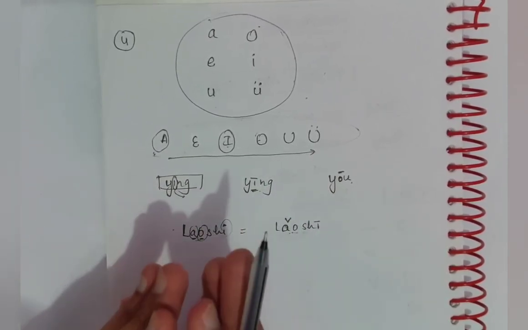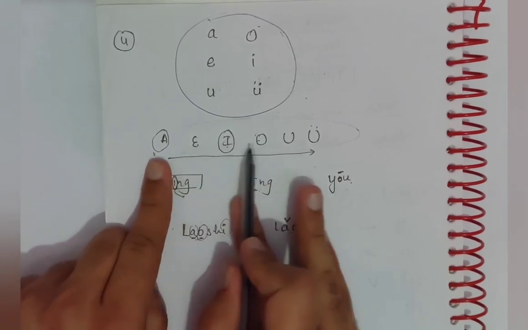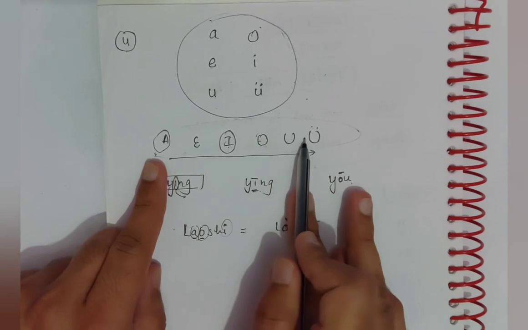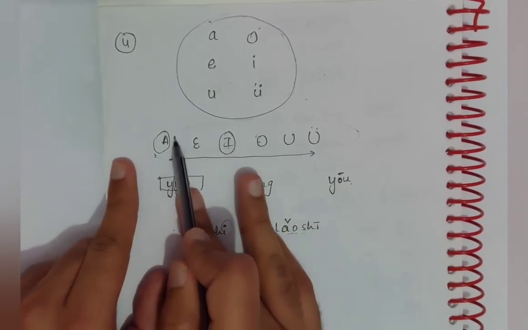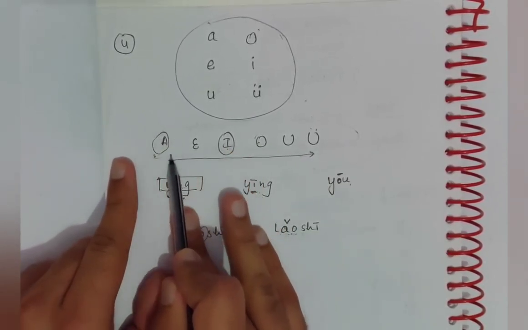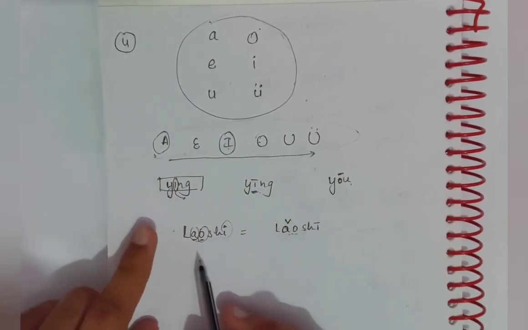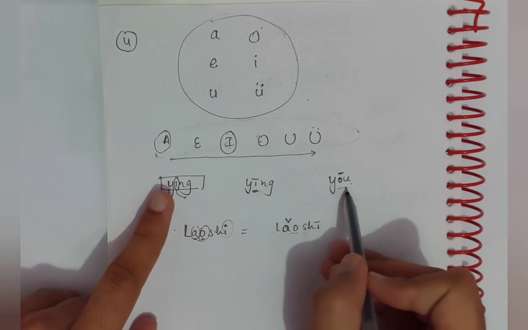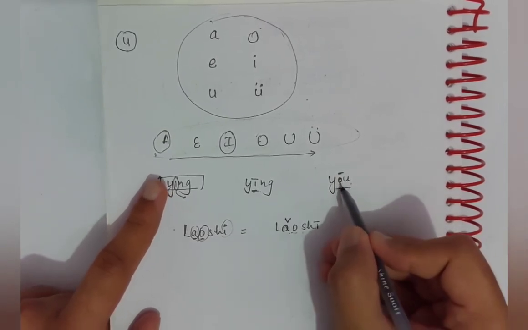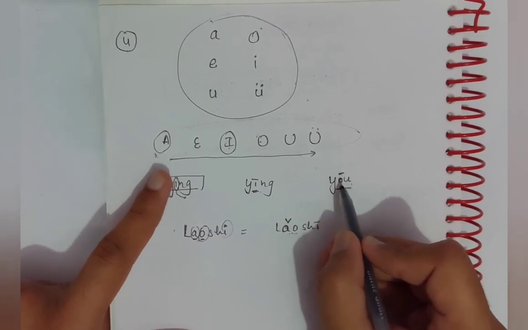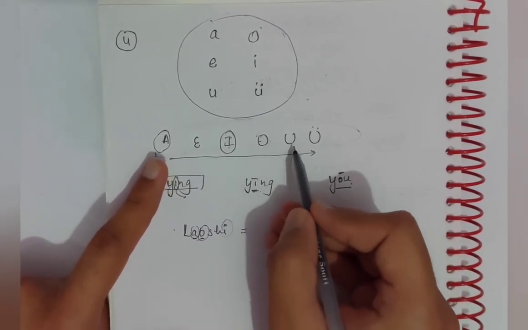If any word of Chinese contains more than one final, you have to put the tone on the first final in this sequence. Like there is a word yo, so you have o and u, so you have to put the tone on o because o comes first, then u.